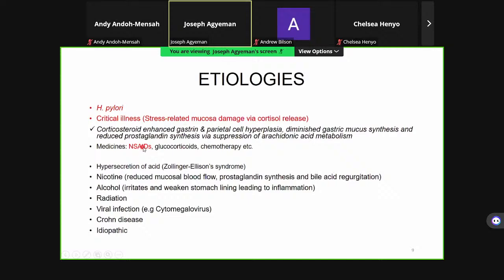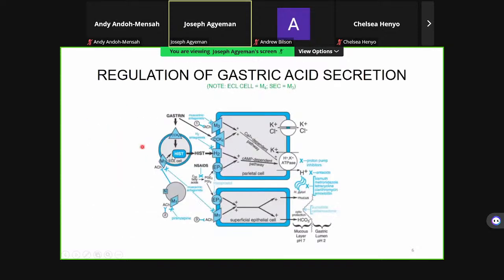NSAIDs, you remember, non-steroidal anti-inflammatory agents, they are here and they are canceling arachidonic acid metabolism, meaning you are not going to get prostaglandin production. And this effect is systemic. It happens within the body, not just within the lumen of the GIT.